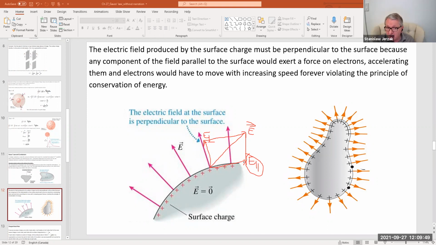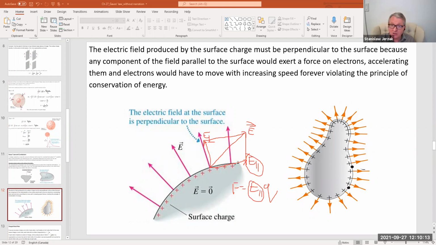this component of the electric field, E parallel, would exert a force on electrons. And that force, as you remember, is equal to E times Q. That component parallel would act on electrons, and electrons would have to move parallel to the surface, as long as this component of electric field is present.